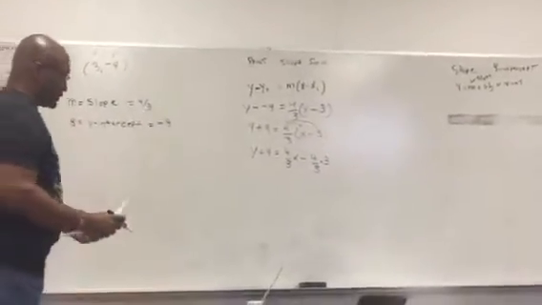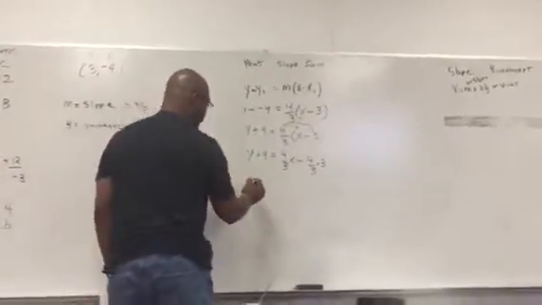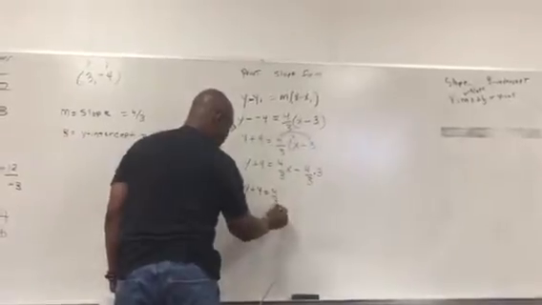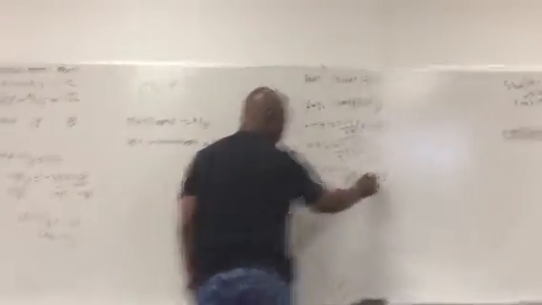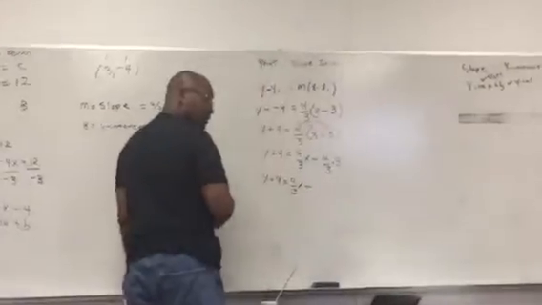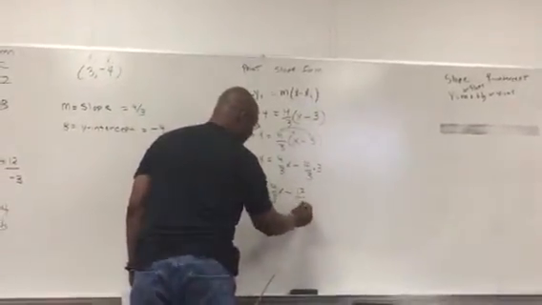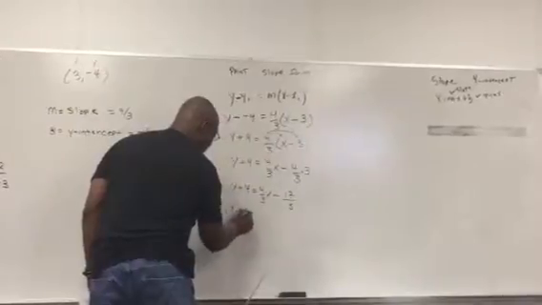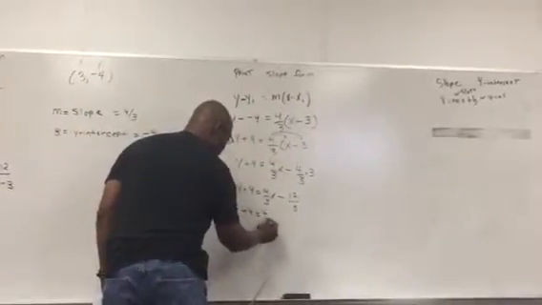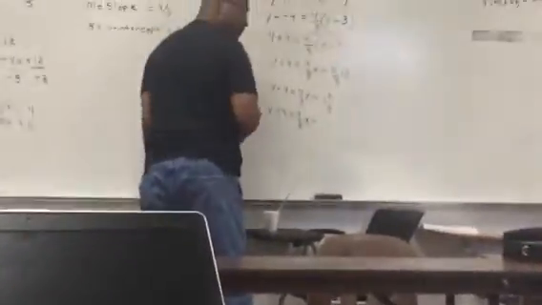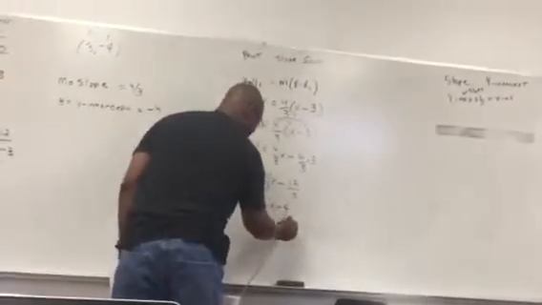So y plus 4 is equal to 4/3 x minus, 4 times 3 is what? 12, divided by 3. So y plus 4 is equal to 4/3 x minus 4. Almost done.